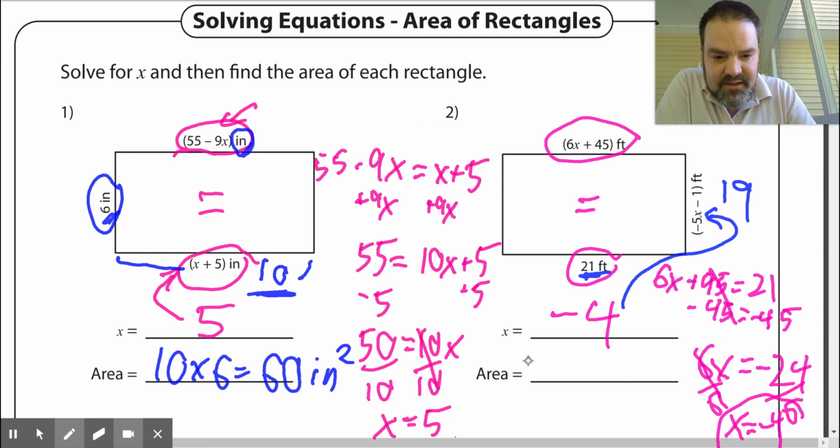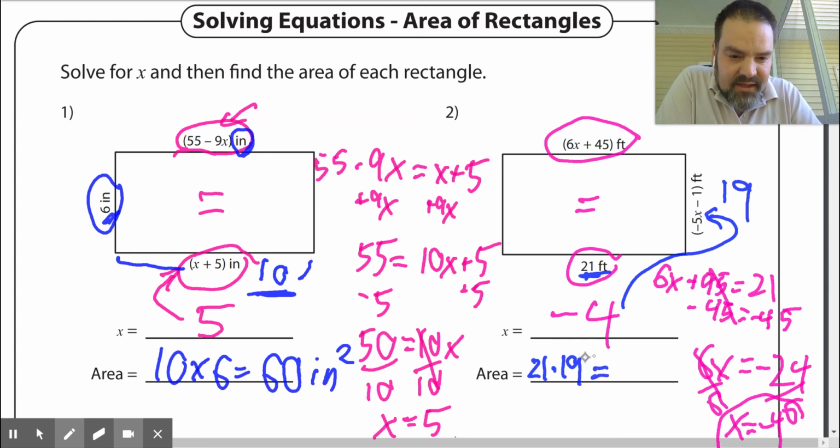Therefore, my area is simply going to be 21 times 19. And that's equal to, let me think, if I did 21 times 20, that would be 420.